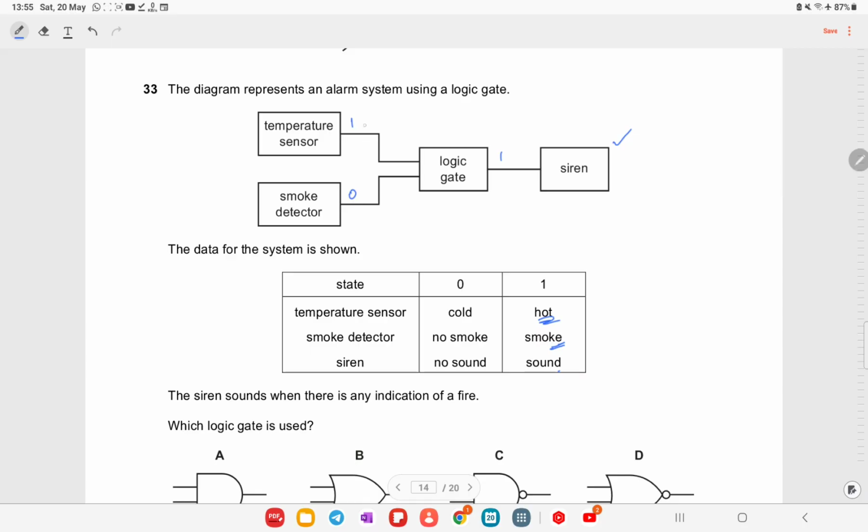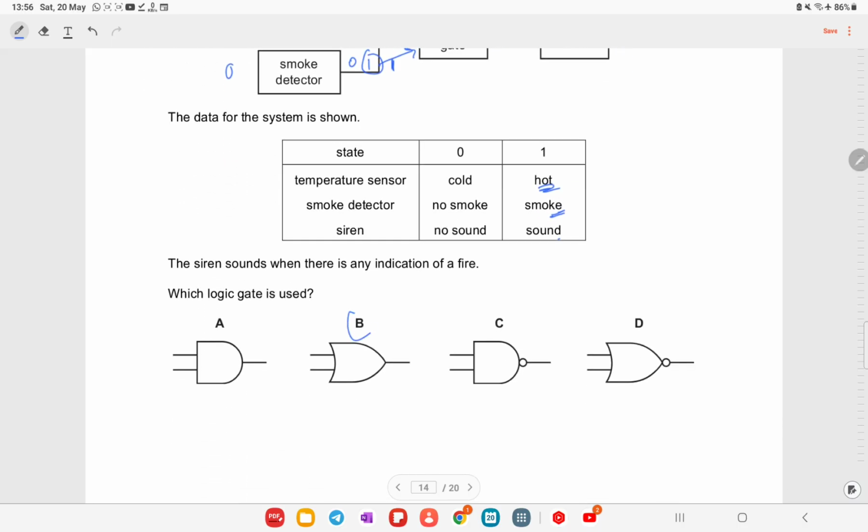Now if you do the opposite of this, 0 and 1, so if this 0 goes into this gate and this gate, so what will happen that the alarm logic gate should give you the output 1 again, so that the siren can ring. Now if the temperature sensor is hot, and you can find the smoke detector, so this is like this. And if you do the 0 0 thing, so it does not allow that thing. So I would suggest that the OR gate would be perfect for this, and the answer would be B for this.